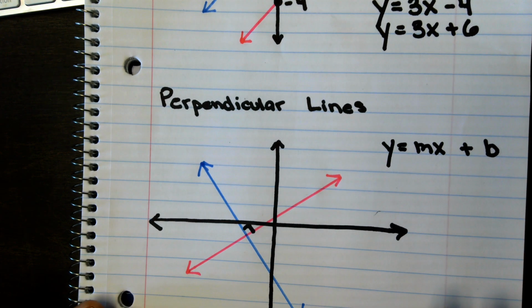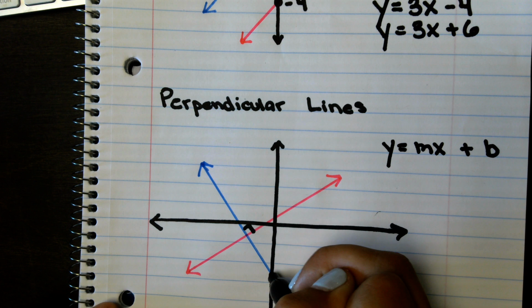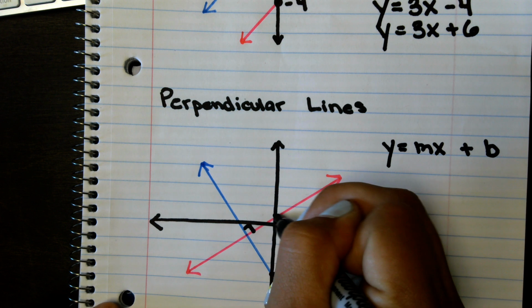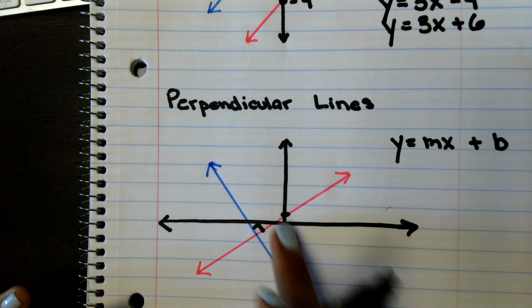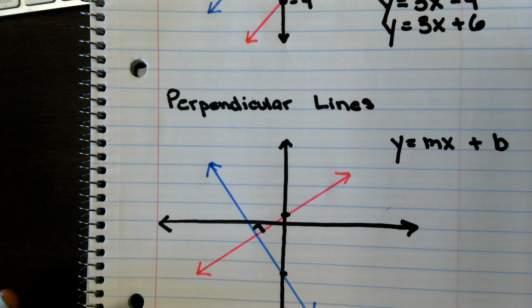We'll start with the y-intercepts this time. You can see that those are going to be different, right? Maybe they could potentially be the same, but there's nothing really special about the y-intercept. I want to focus on the slope.